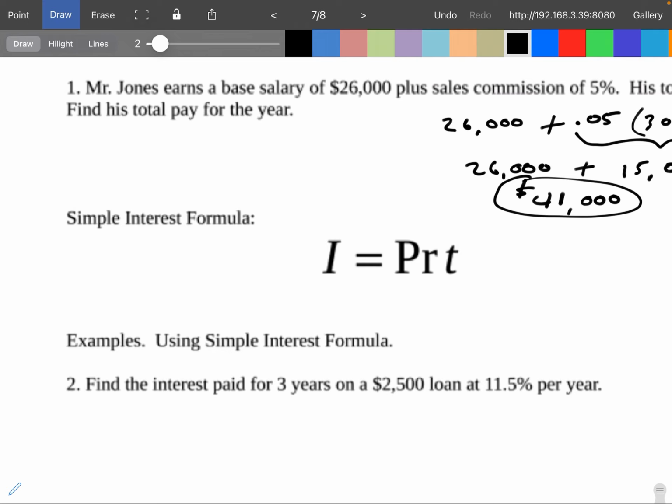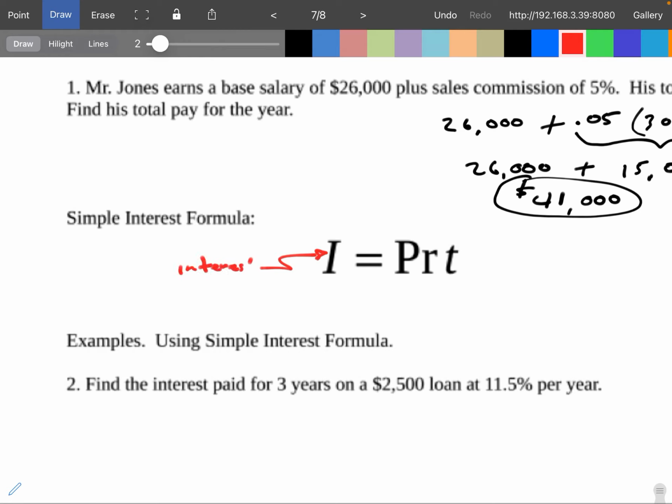The next one deals with this formula right here, I equals PRT. You use this one when you're either going to invest your money or borrow money. Either way. Let me label what these things are for you here.